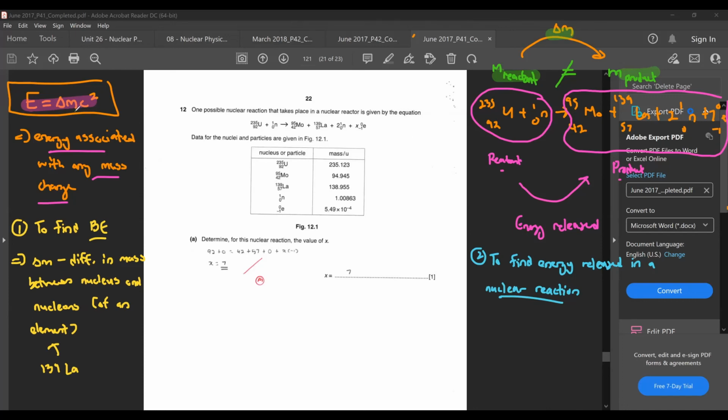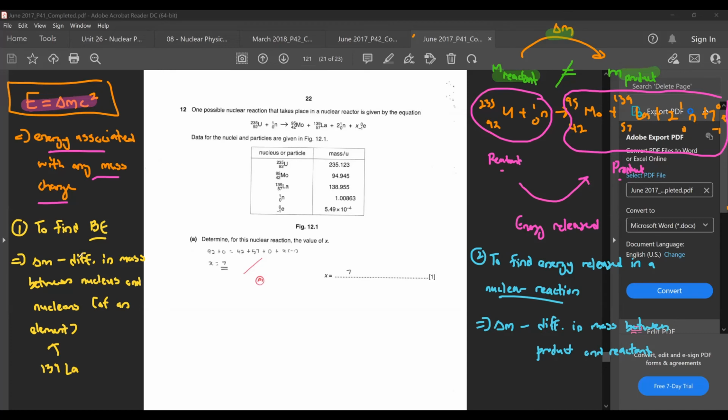Here, your delta M is the difference in mass between your product and reactant. So that's the difference when you're talking about the delta M.